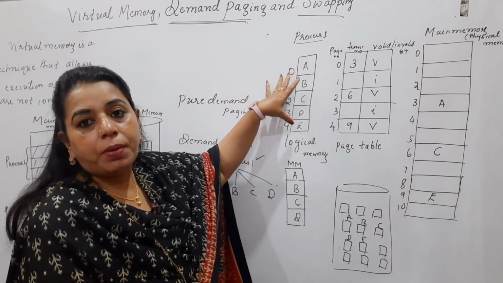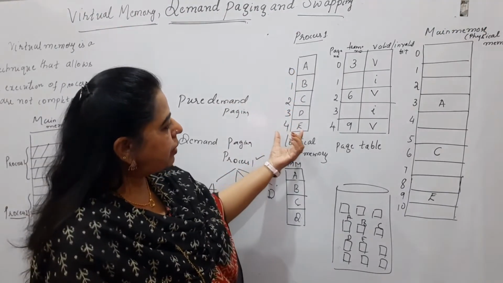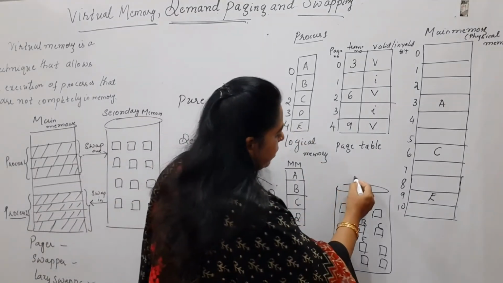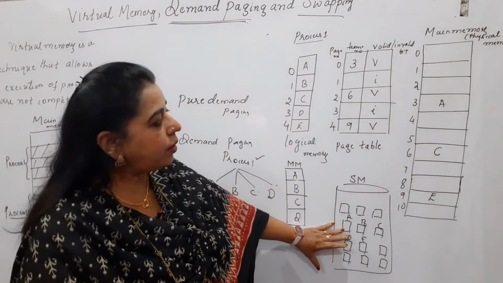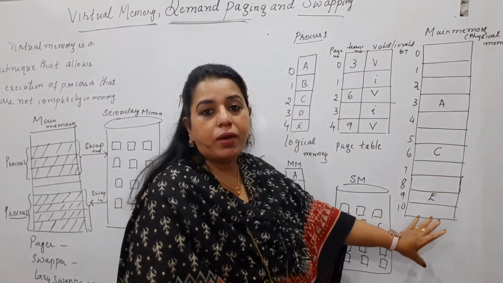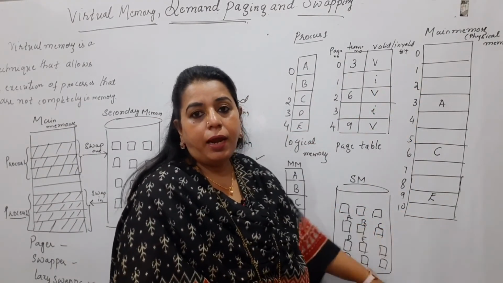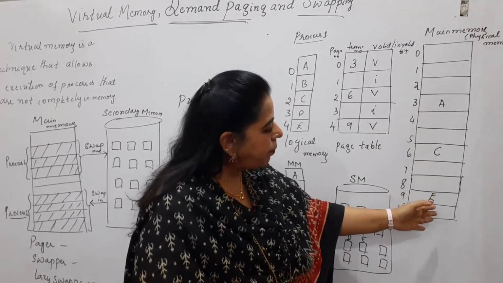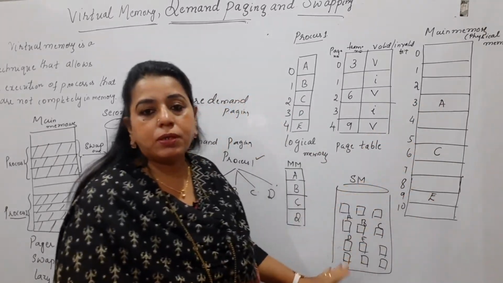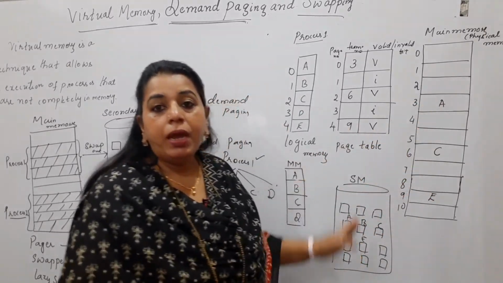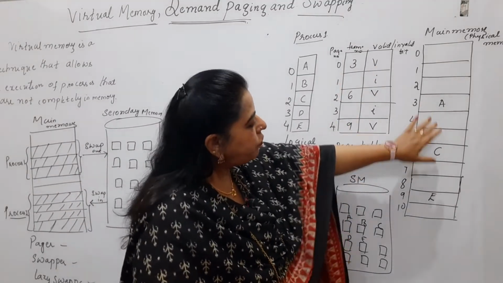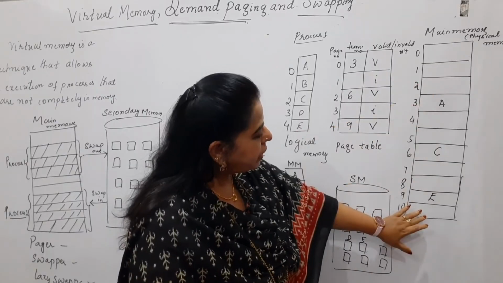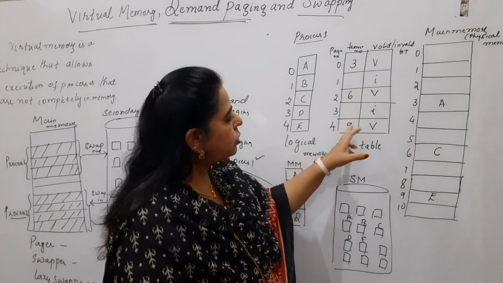So this virtual memory can be shown with a diagram in this manner, whereas for the secondary memory, which is the hard disk, you show all the pages of that process in this manner, and for the main memory you can represent it in this diagram, and also you have to show how many pages and which pages of that process P1 are loaded into the main memory. And apart from that, you have to show in the page table in which frames of the physical memory those pages of the process are placed.